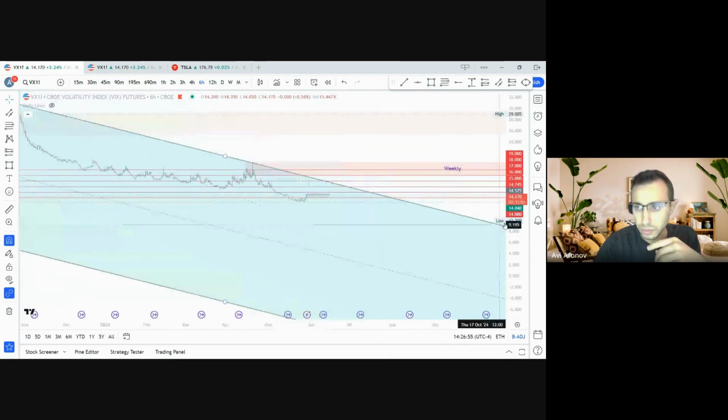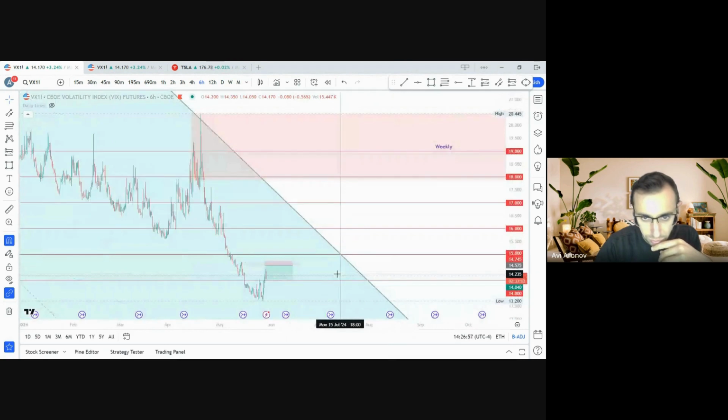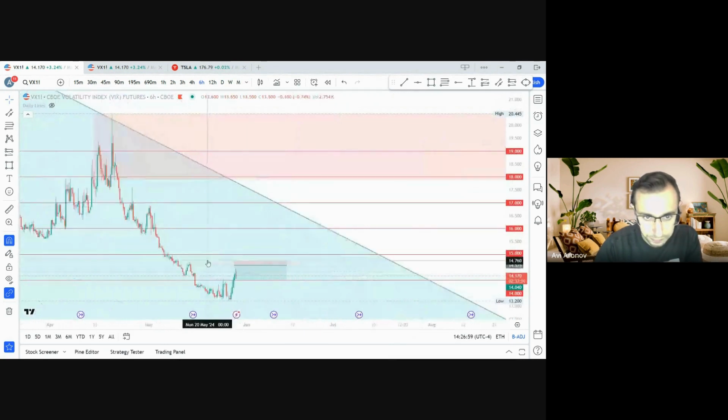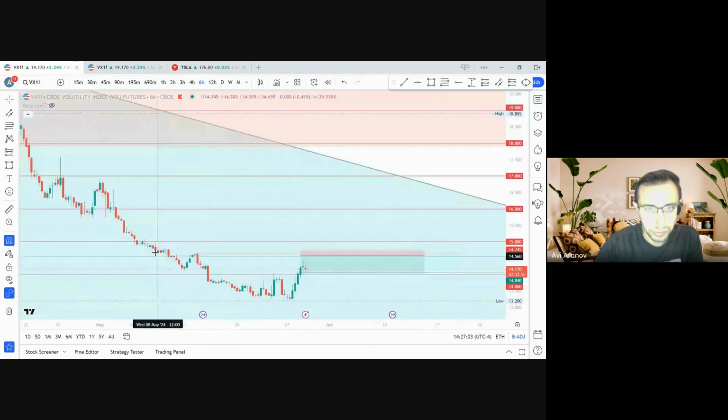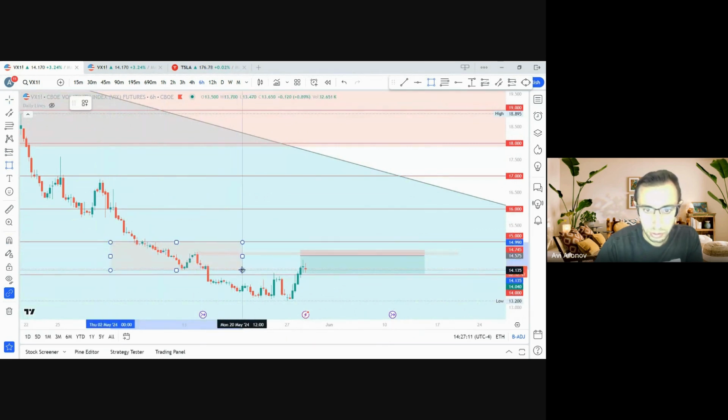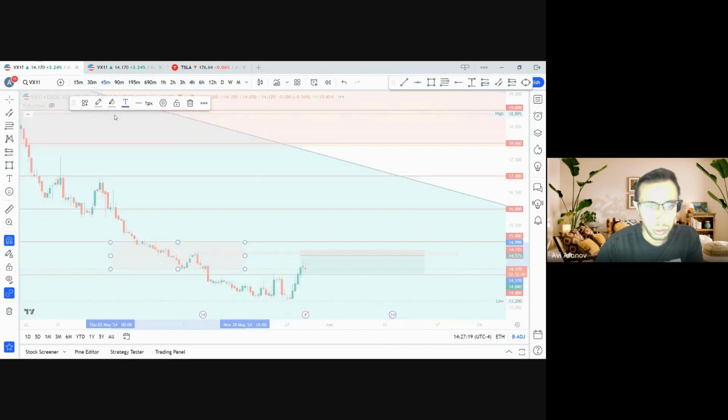Then we just will need to look for support and resistance within this area. So I would mark that we need a support and resistance within here. So basically we want to go on a lower time frame.